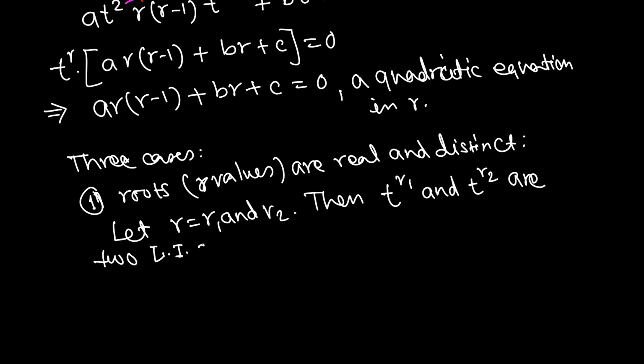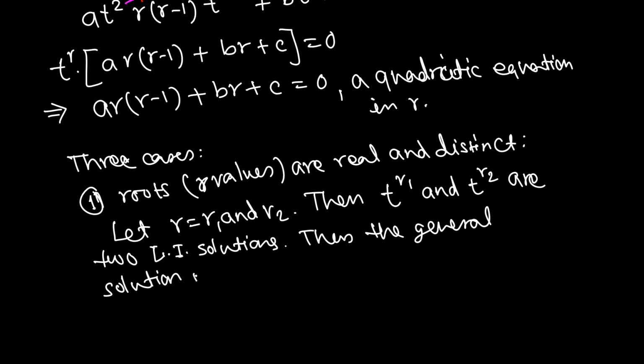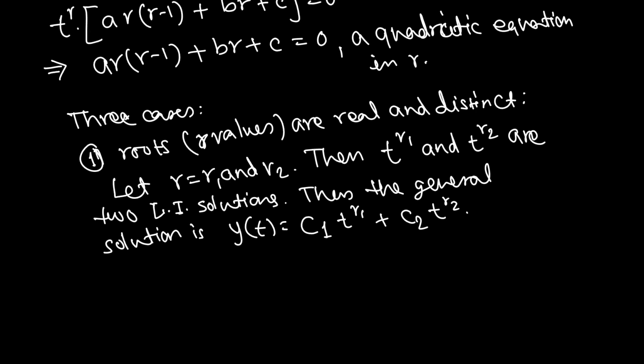That means these two solutions form a fundamental set of solutions. So the general solution is y as a function of t equals constant c1 times the first solution plus c2 times the second solution. Okay, that's the easiest case.